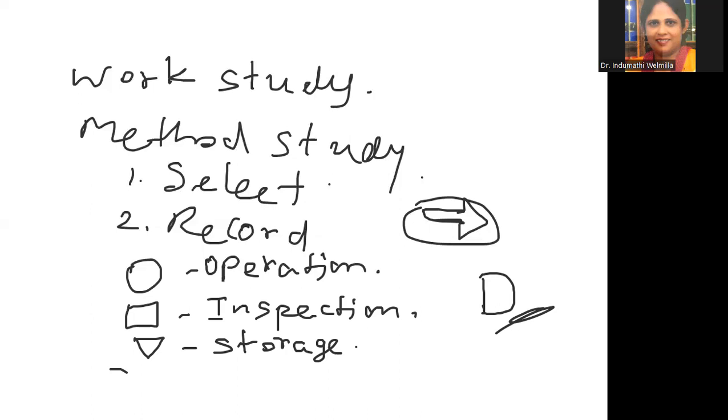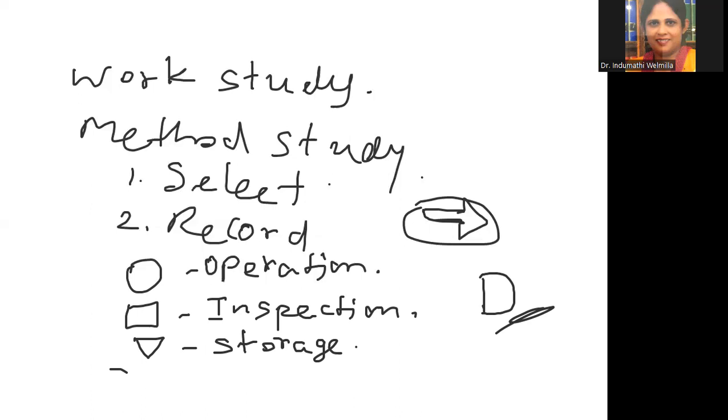The five symbols we already discussed can also be used to show the flow process chart. In addition, the outline process chart can be used to record. Multiple activity charts you can also use, and the travel chart. So there are a lot of methods to use to record.